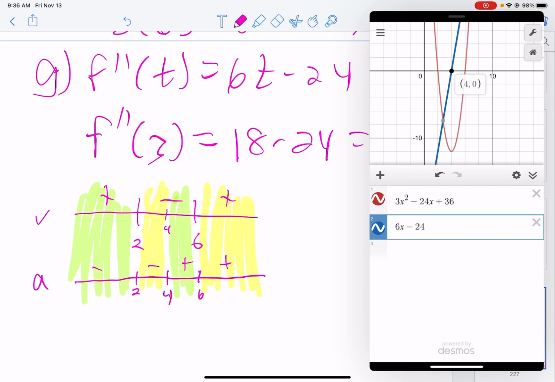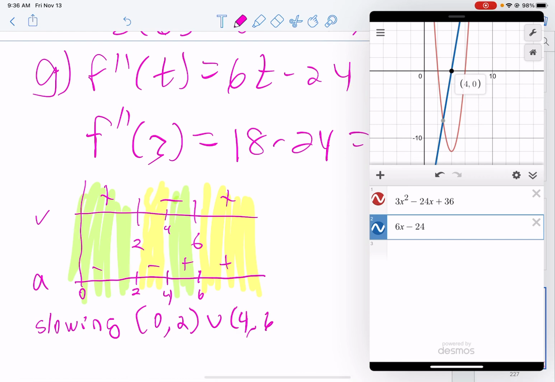And so let's describe that. We have to start at 0. So it is slowing from 0 to 2, and then again from 4 to 6. It is speeding up from 2 to 4 and 6 to infinity.